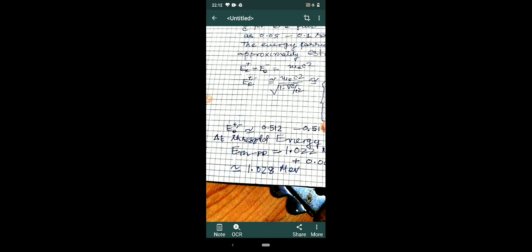So the total energy is roughly 1.028 MeV, which is roughly 0.006 MeV larger than the rest mass energy of the pair. That simply means of the order of 6 keV more.